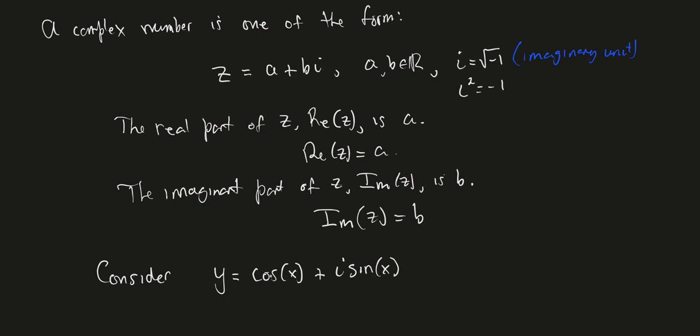Well, in some sense, I'm looking at two very basic trig functions, but I'm now going to introduce this imaginary unit as a coefficient here, right? So instead of looking at just cosine x plus sine x, I'm going to look at cosine x plus i sine x. And I'm going to manipulate this equation.